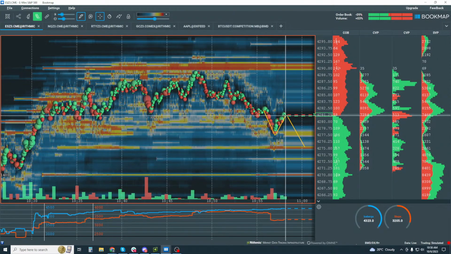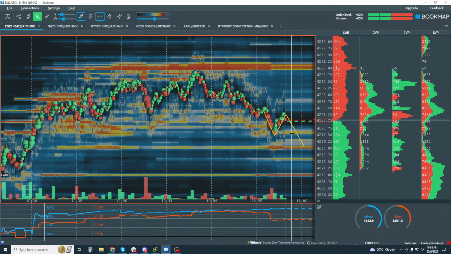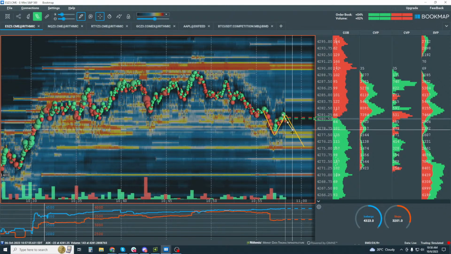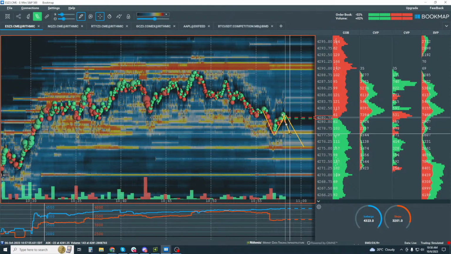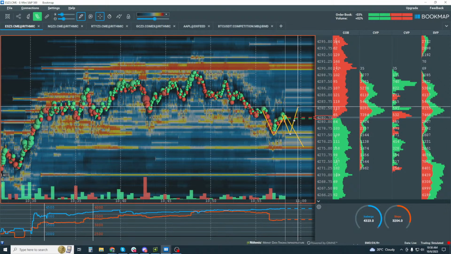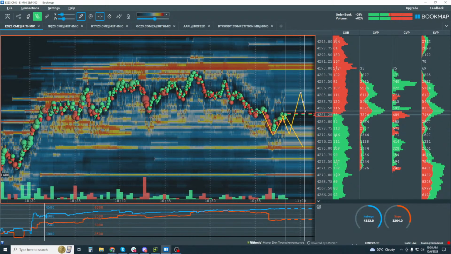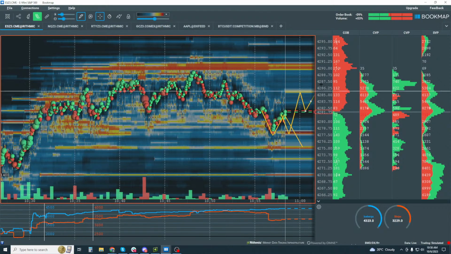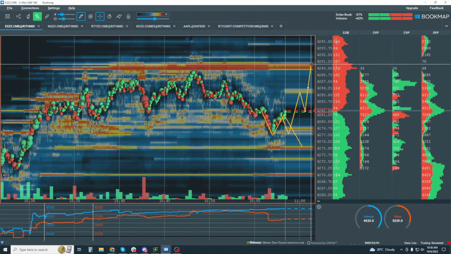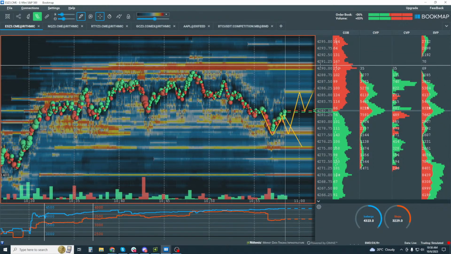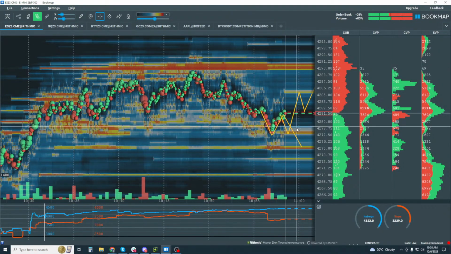But we don't get the full leg 2. What we get instead is just a retest here, and then a move like this back to point of control, typically back to the top of the range, and then we get the other side of the range up in here, and potential continuation at that point.